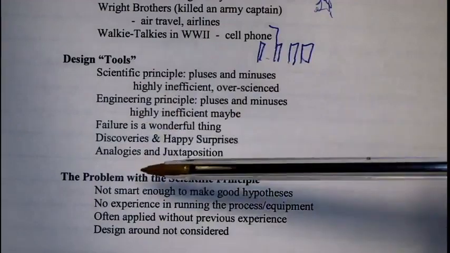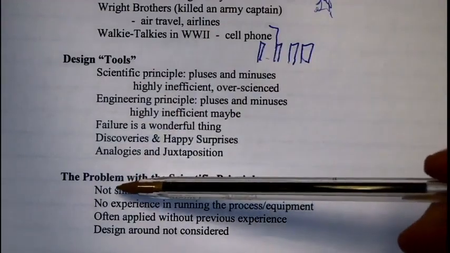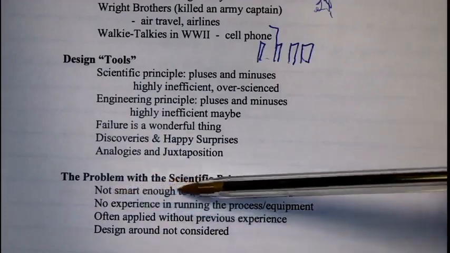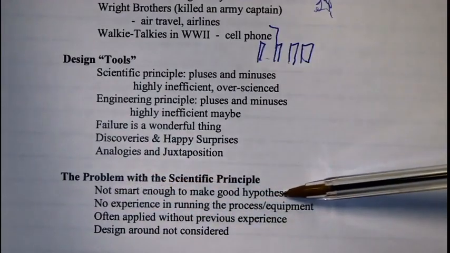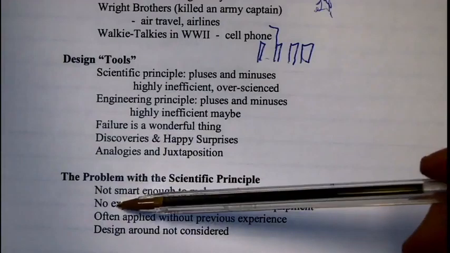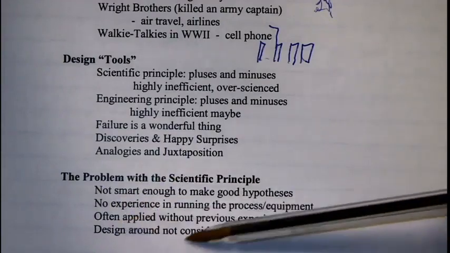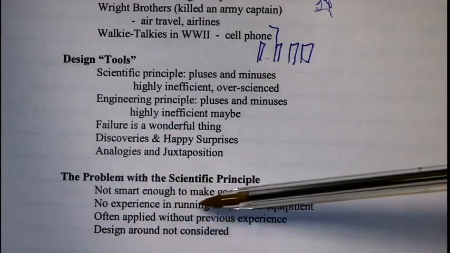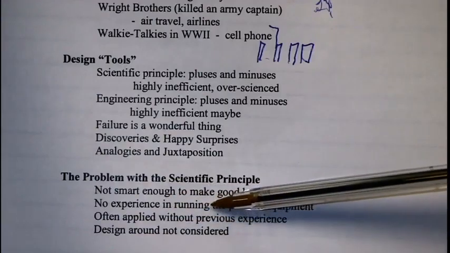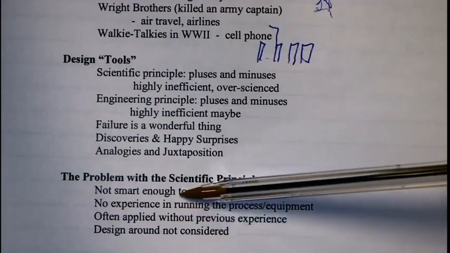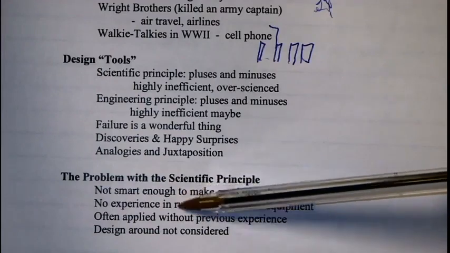First off, generally speaking, given the problems that engineers face, I don't think they're smart enough to make good hypotheses, basically. They don't know enough about how the equipment runs or how the process occurs or whatever. And as a result, there's an awful lot of effort that accomplishes nothing, right?